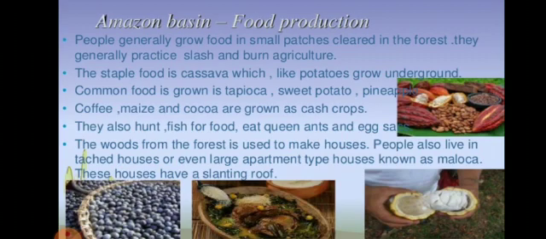Now we will see the food which is produced in this area. The people generally grow food in small patches by clearing small areas of the forest. They generally practice slash and burn agriculture. Now, what is the meaning of slash and burn agriculture?